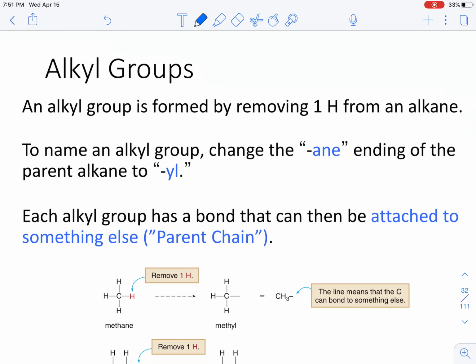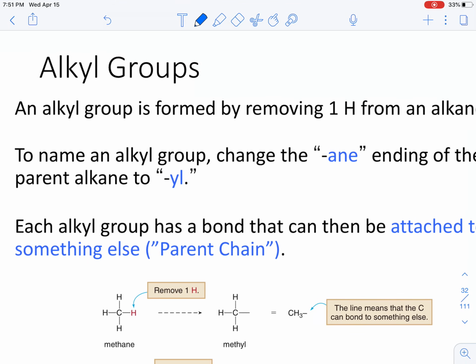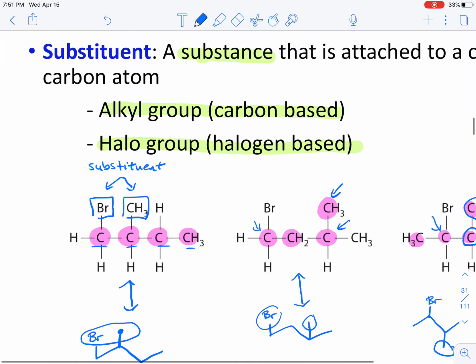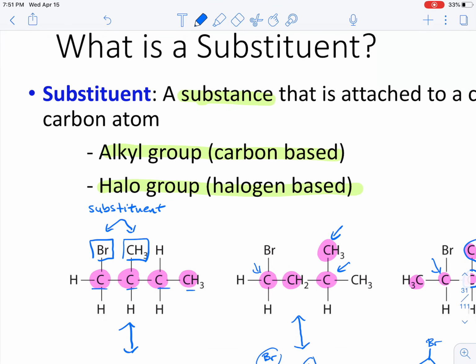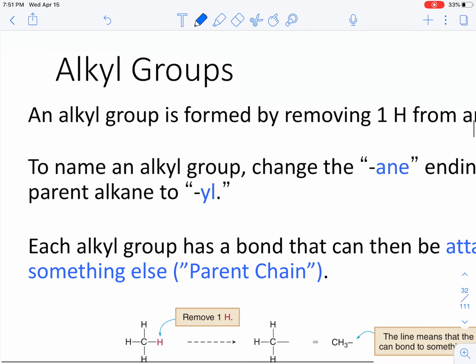So we're first going to talk about alkyl groups. Alkyl groups are a type of substituent. Remember, there are 2 types that we're going to discuss: alkyl groups that are carbon-based and halo groups that are halogen-based. And so alkyl groups are carbon-based substituents.